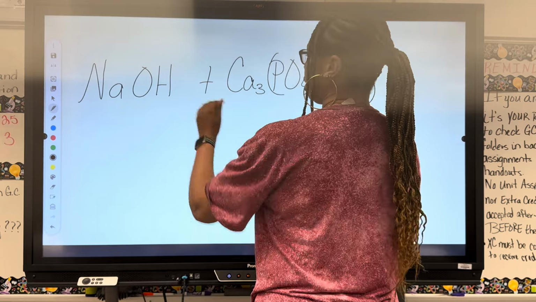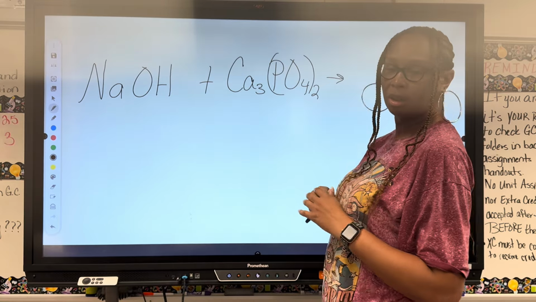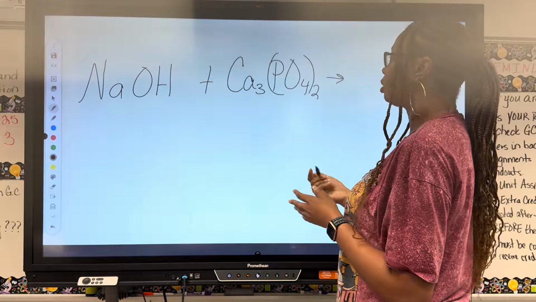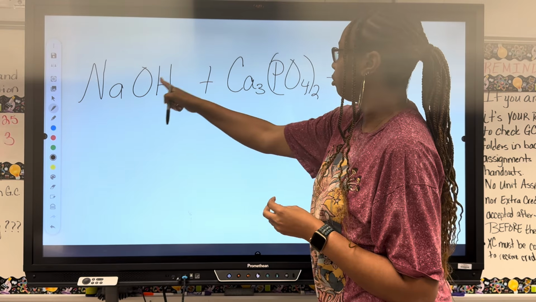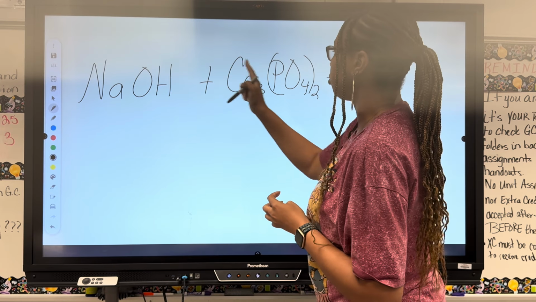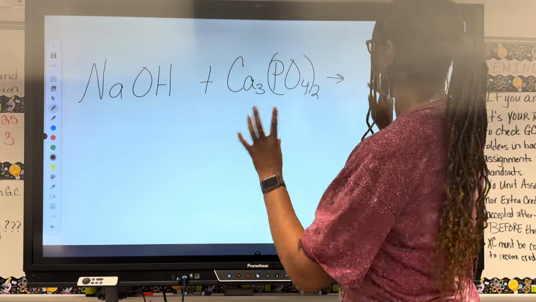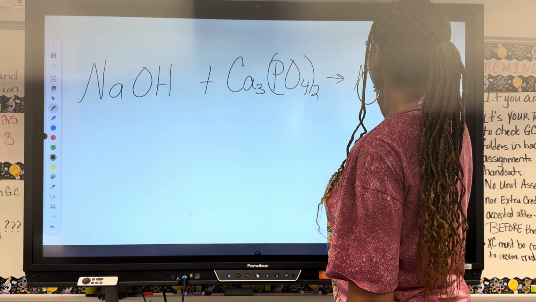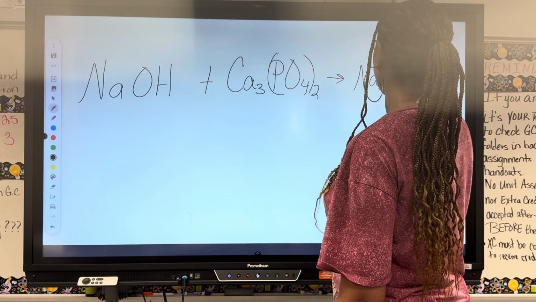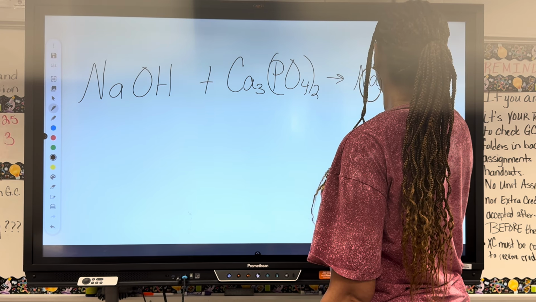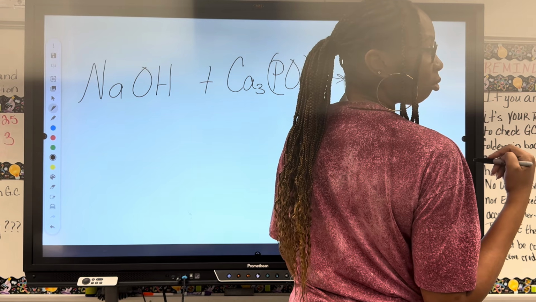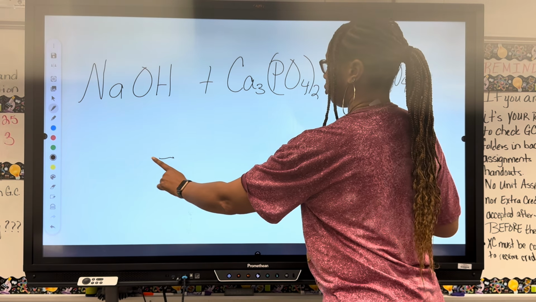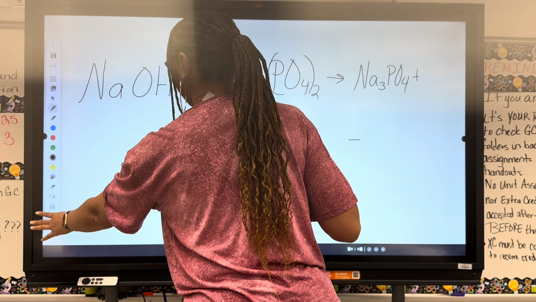All right, so again, compound. So we can predict a double displacement reaction where these are going to actually change places with each other, or they're going to replace each other. So I can do sodium phosphate, Na3PO4, sodium's in group 1, yep, plus, wrote so big, I'm sorry.